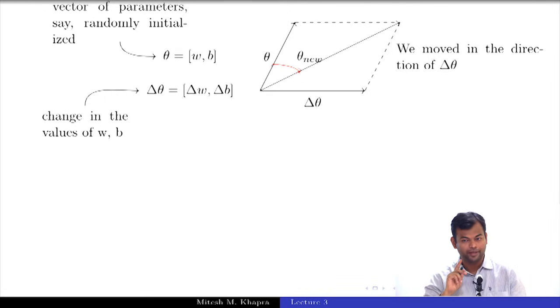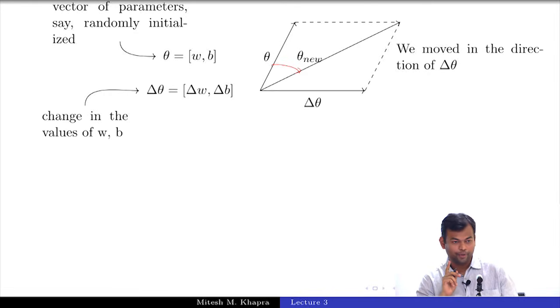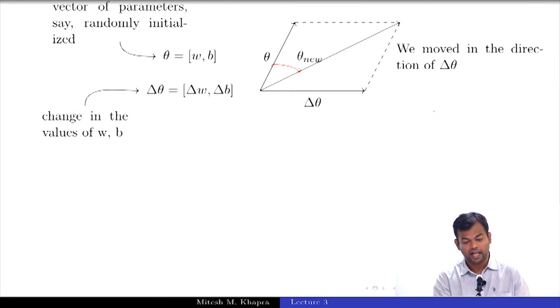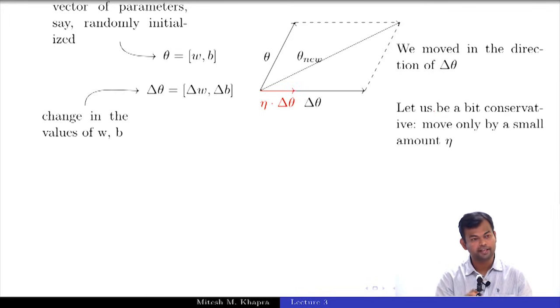Okay. Now I'm going to be a bit conservative, and I'm going to say that while I'm okay with moving in the direction of delta theta, I don't want to make a giant stride. What I'll do is I'll just move by a small quantity in that direction, right? So this delta theta is this large magnitude. So all I'm saying is that I'll move in that direction. I'm fine with that. Okay. But I don't want to make a giant stride. I'll just take a small stride in that direction, right?